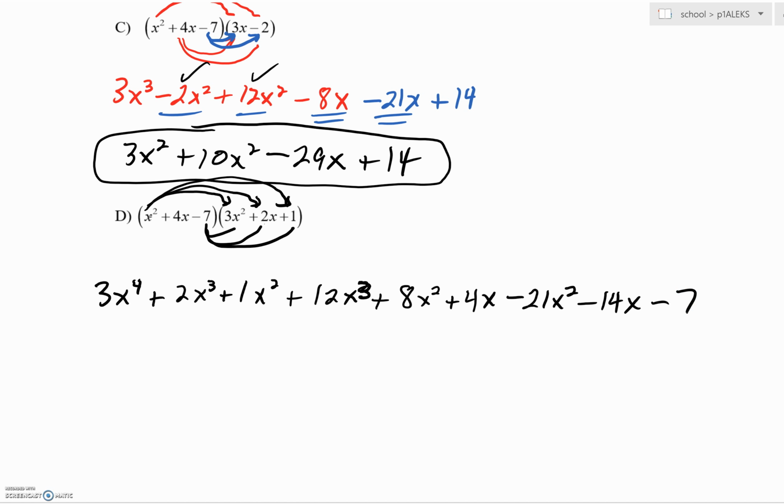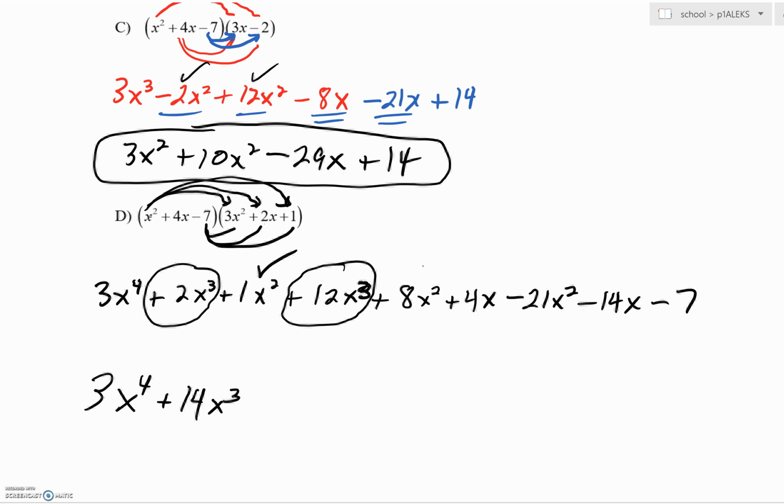So right now, just pay attention to your highest power. It's x to the 4th. You only have one of them. But look at your x cubes, and if you want to circle these or put boxes around them, you can. You can see that a 2x cubed and a 12x cubed add up to a 14x cubed. X squared terms, you're going to have several of them.